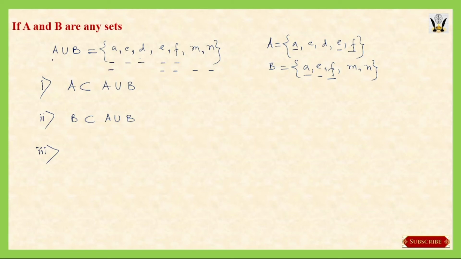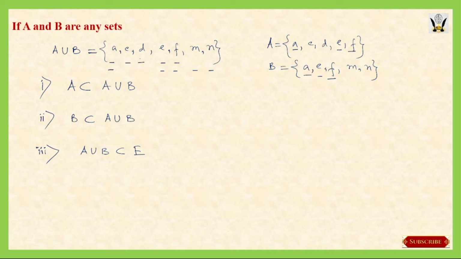So A union B, that resultant set, will be a subset of the universal set. Whether we are performing a union operation between two given sets or an intersection operation, that resultant set will always be a subset of the universal set. So any set will be a subset of a universal set. So here A union B will be a subset of the universal set.